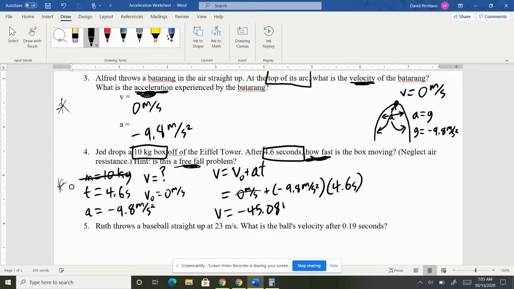And the unit of velocity is meters per second. Don't forget your units, people. Don't forget your units. Okay? Now, does this make sense? He dropped it, so it's going down, so we should have a negative velocity. There we go. So it does make some sense.